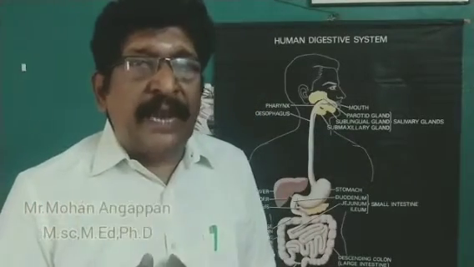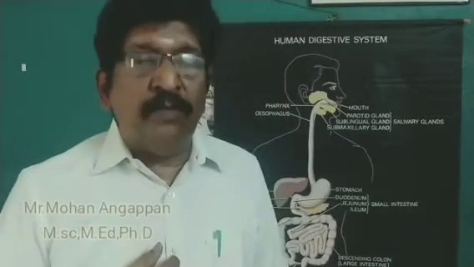Number four is the vagus nerve. It is the largest nerve, the 10th cranial nerve. It gives sensation to the back of the tongue. Number five, the hypoglossal nerve, gives movement to the tongue.